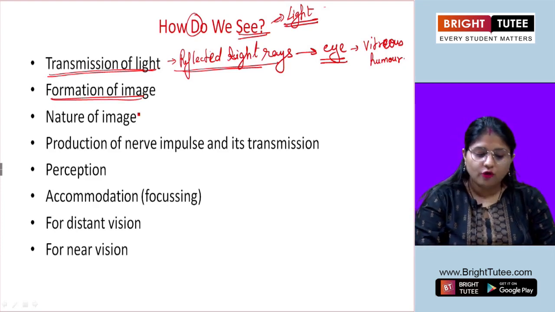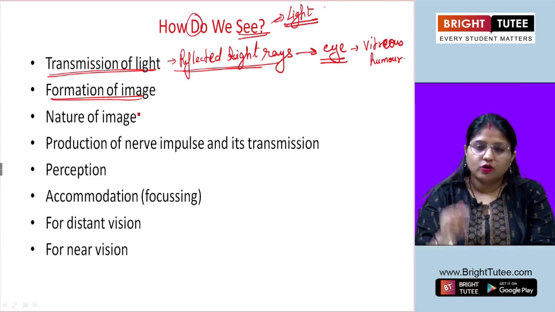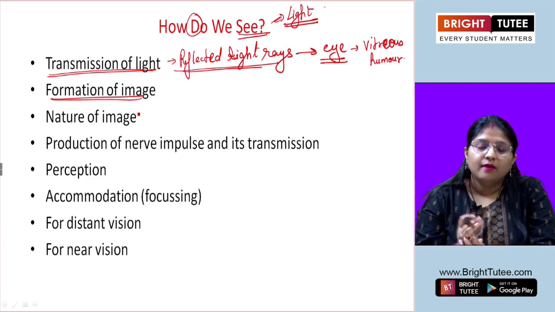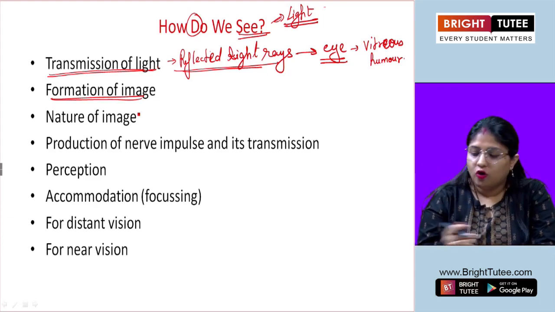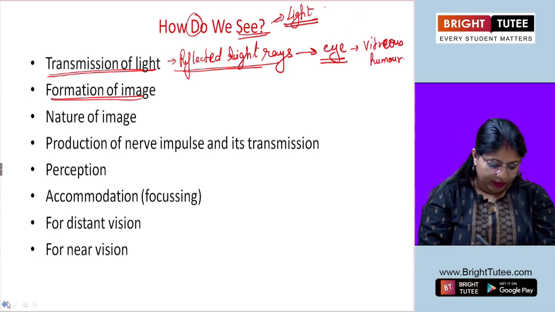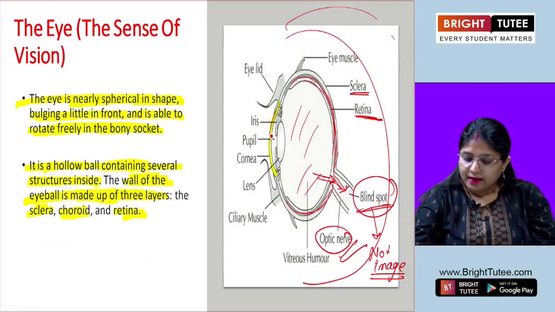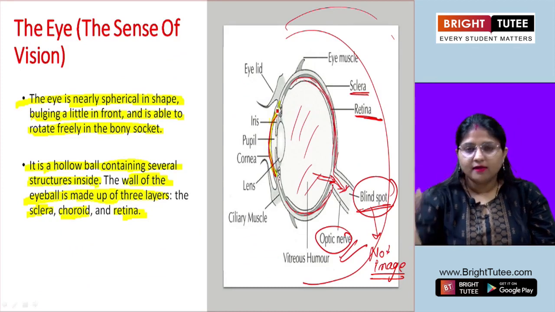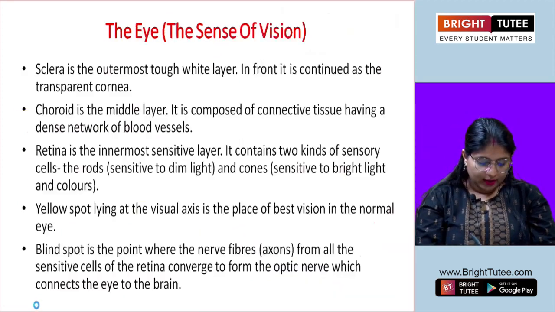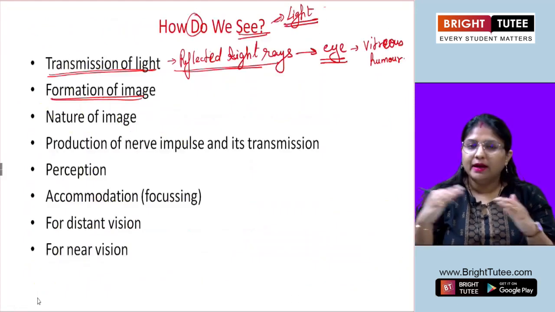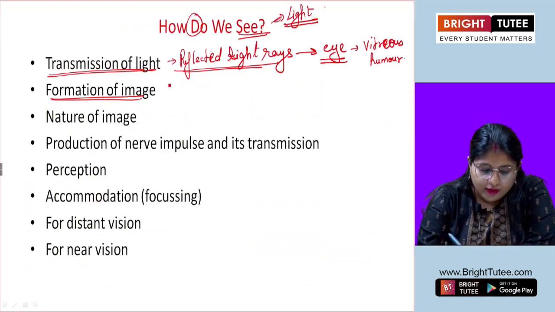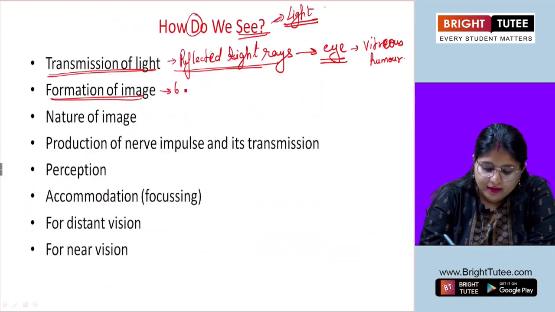How does the formation of image take place? Now the cornea is the one which helps. The curvature which is there in the cornea, as we already saw in the image, let's go back and see that the cornea has a certain curvature, right? It is bent like this. So what it does is that it allows the bending of the light, right? So the curvature bends the rays.